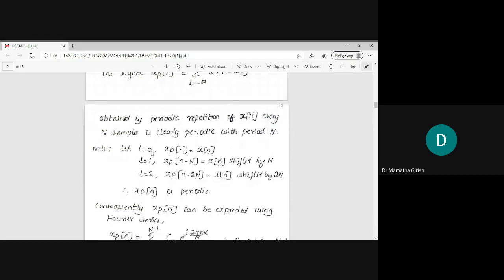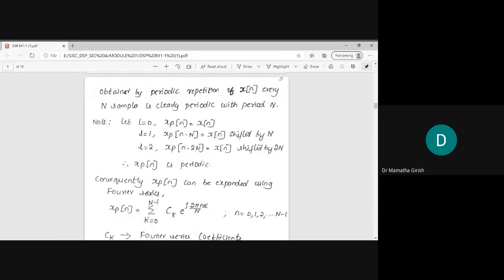I've shown three examples for L is 0, 1 and 2. In each of these three cases, you can see that the same signal x of n is getting repeated for every interval of N, 2N, 3N and so on. That is why xp of n is said to be periodic in nature.